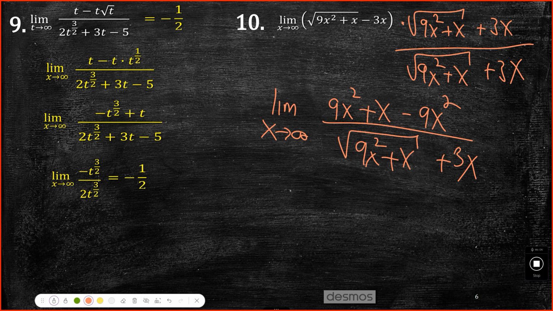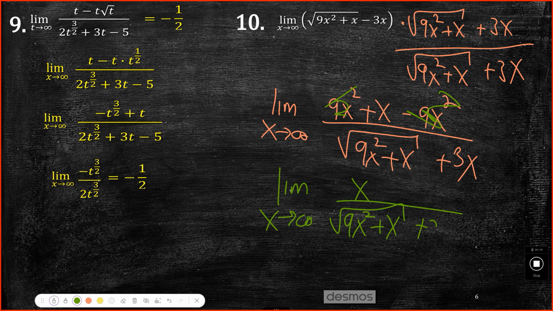On the top, we can cancel off 9x squared with 9x squared, and we're going to be left with the limit as x approaches infinity of x over the square root of 9x squared plus x plus 3x.